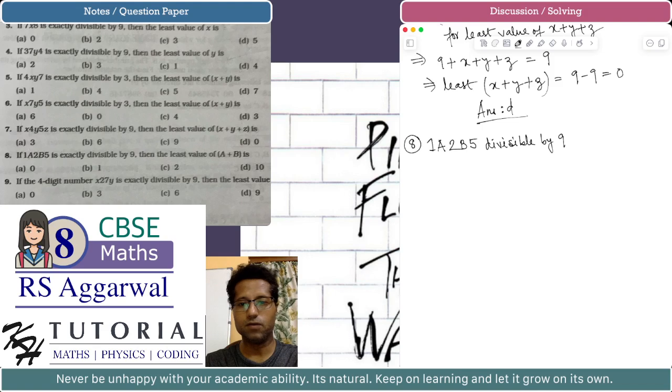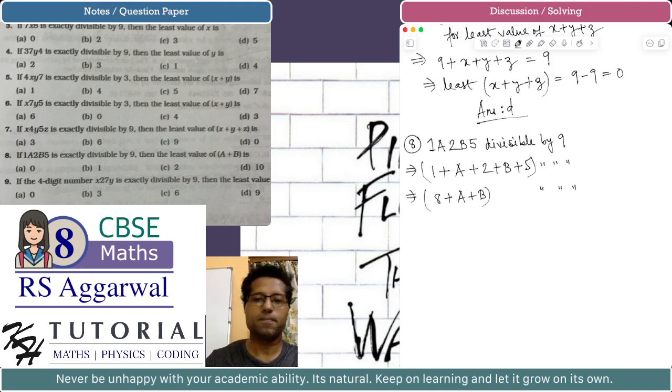Then the least value of A plus B. If this is divisible by 9, this will imply the sum of the digits, 1 plus A plus 2 plus B plus 5, must be divisible by 9. This implies that 8 plus A plus B is divisible by 9.